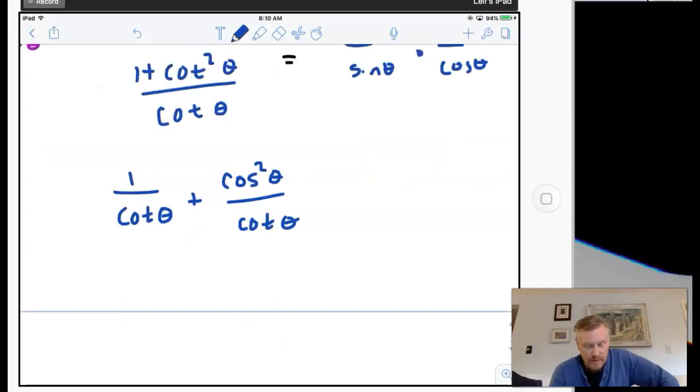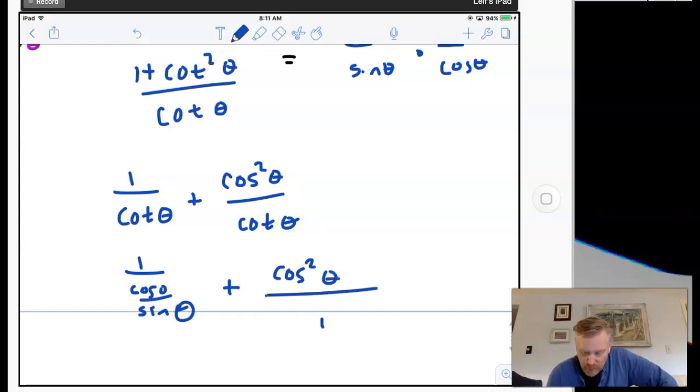Start manipulating this. So cotangent, that's the same as 1 over the cotangent, sine over cosine, right? Cosine over sine would be cotangent. So this is the same as 1 over, cotangent is cosine over sine.